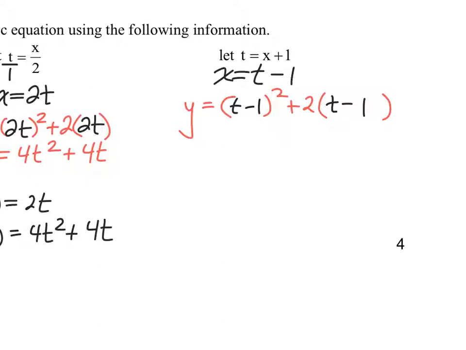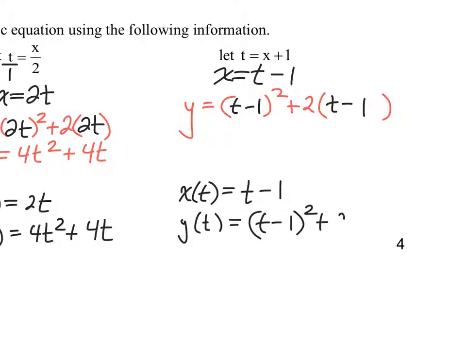Here, now, I really don't want to do it. I don't want to distribute this out. All right. So in an example like this, we don't have to. Correct. Leave it like that. Yeah, that's what I would do. So x of t, just to have the proper notation, t minus 1, y of t, t minus 1 squared plus 2 times t minus 1.